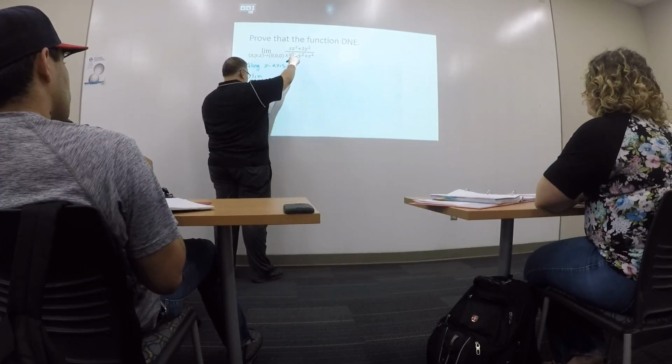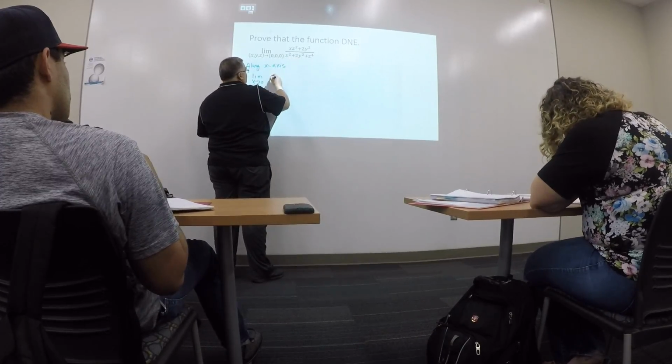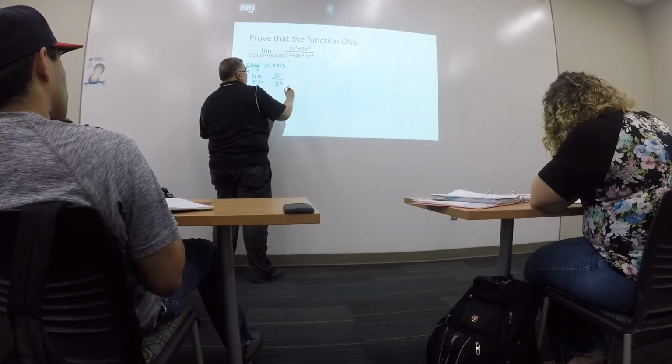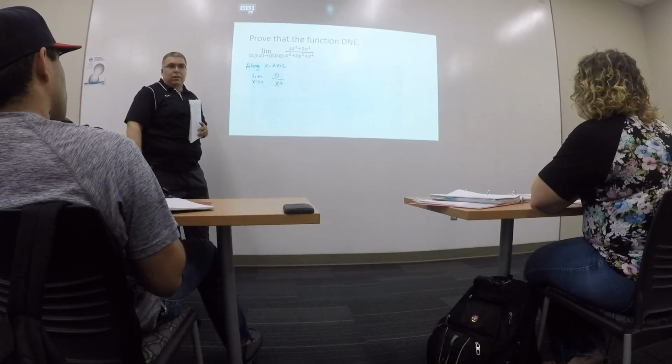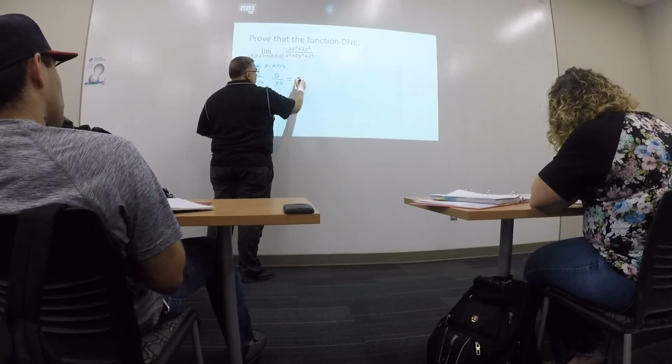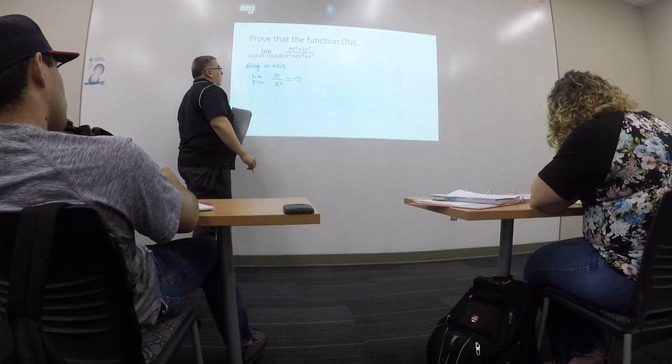That means I get 0 on top, so it's going to be 0 divided by x squared. And 0 divided by x squared is 0.